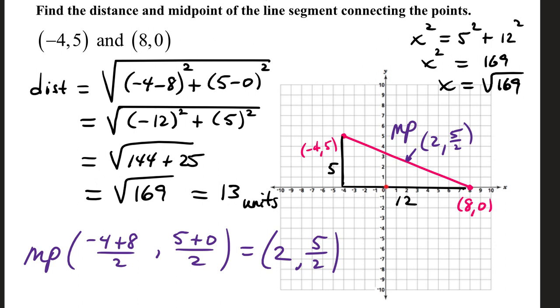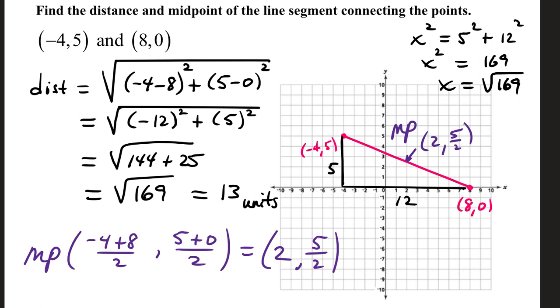Negative 4, 5: from the origin, left 4, up 5, that takes us here. The other point, 8, 0, that's 8 to the right. Don't go up or down because the y-coordinate is 0. These 2 points, if you connect with a line segment, is that pink line segment here.